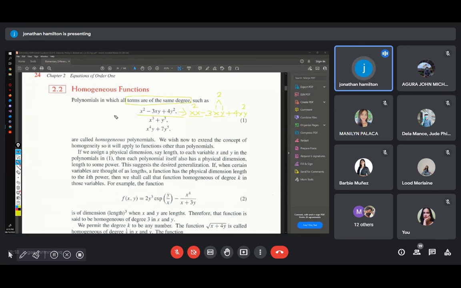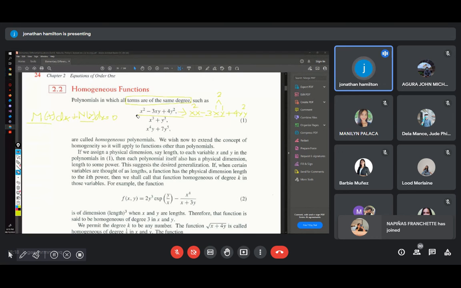So for example, for separable variables, we know na we have functions M of x dx plus N of y dy is equal to 0. If ang atong function of x only contains x and our function of y only contains y, we can say separable variables sila.